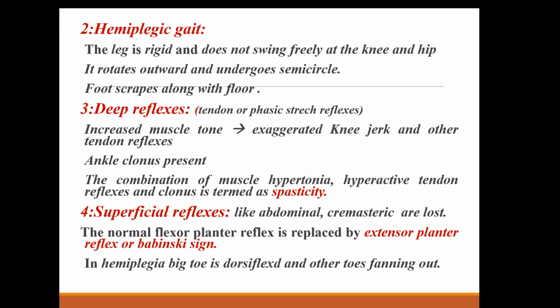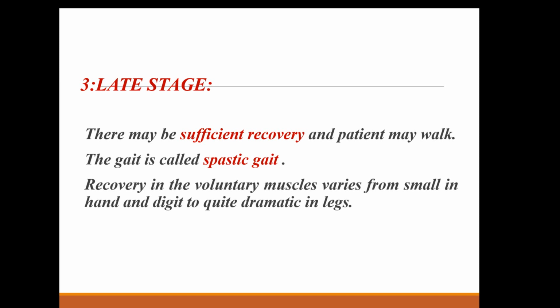Superficial reflexes like abdominal reflex and cremasteric reflex are lost. The normal plantar flexor reflexes are replaced by extensor plantar reflex or Babinski's sign. In hemiplegia, the big toe is dorsiflexed and the other toes are fanning out. Then, the late stage.